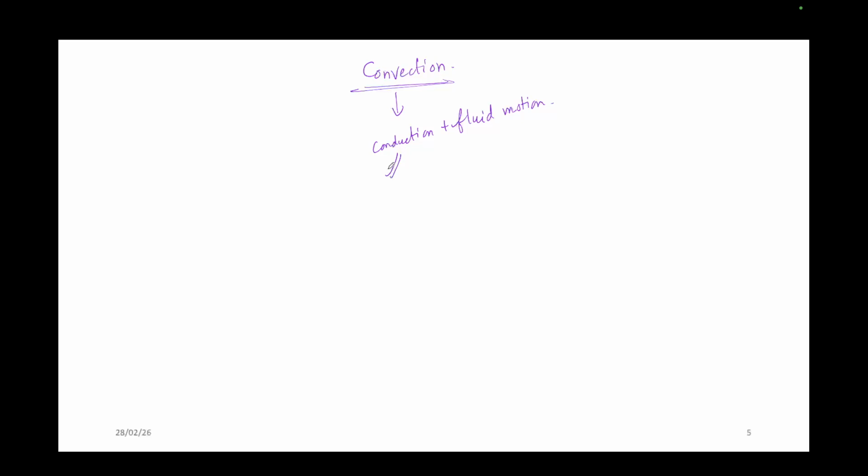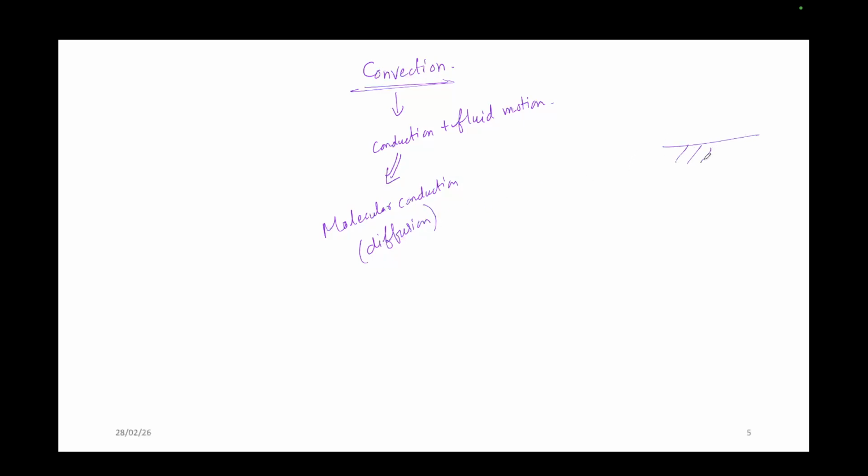That convection basically is your molecular conduction or diffusion. So it will be done at the molecular level.